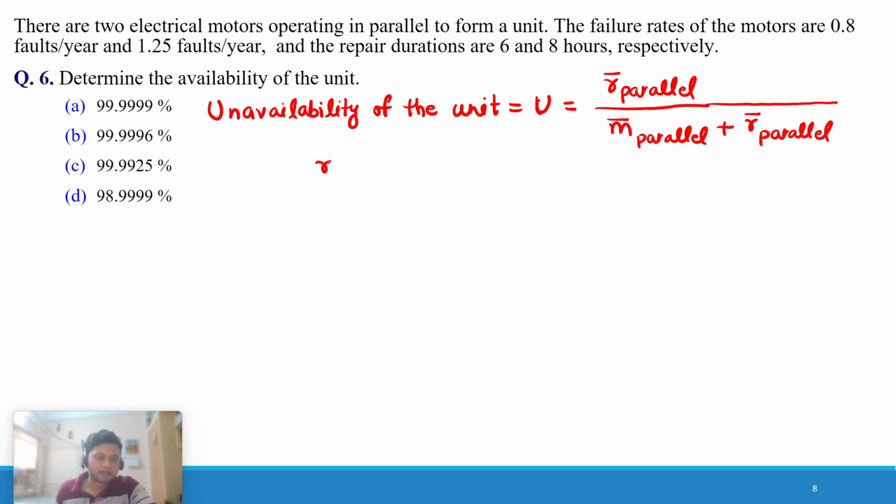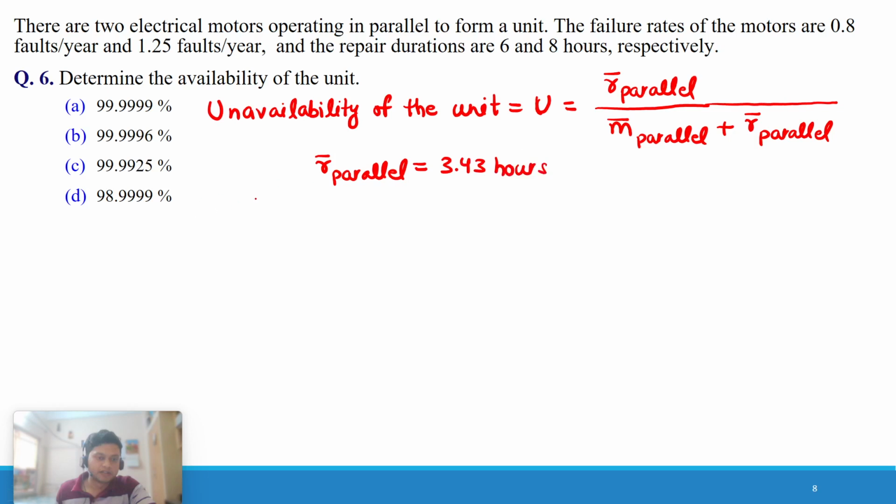We know that R bar parallel is 3.43 hours. Now we need to find the mean time to failure M bar parallel. Then we can find the unavailability of the unit.